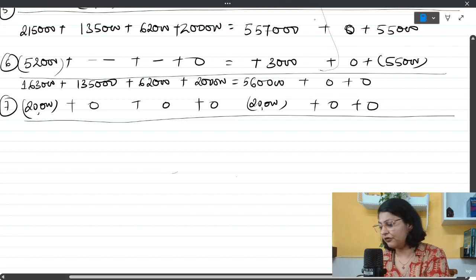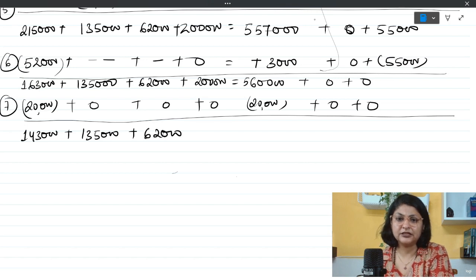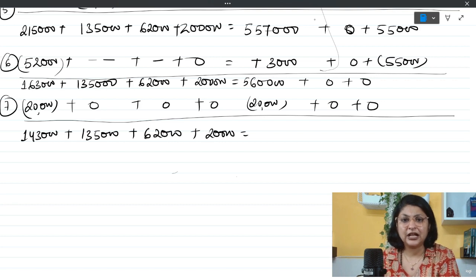So 1,63,000 minus 20,000 is 1,43,000 plus 1,35,000 plus 62,000 plus 2 lakh rupees, and here I have to deduct 20,000, 5,40,000 is my answer.